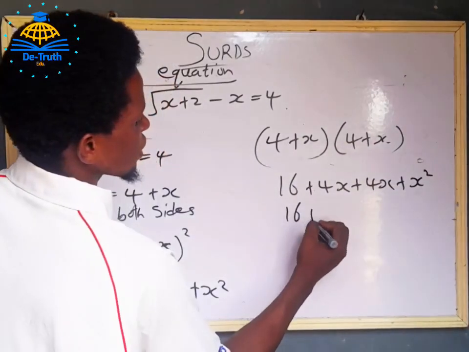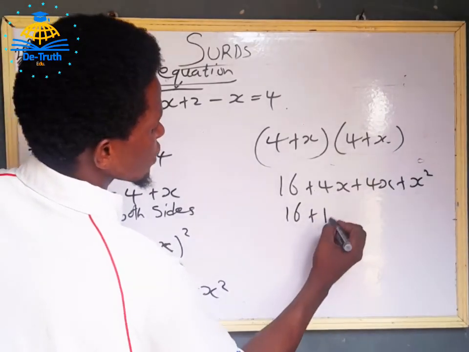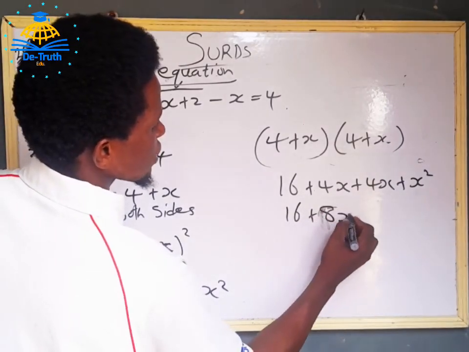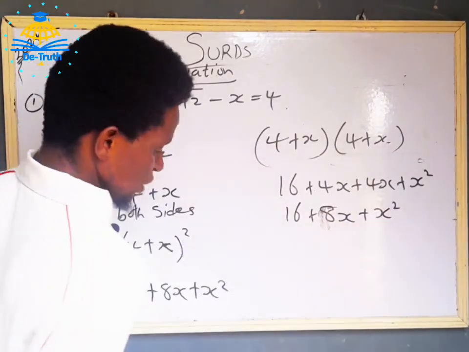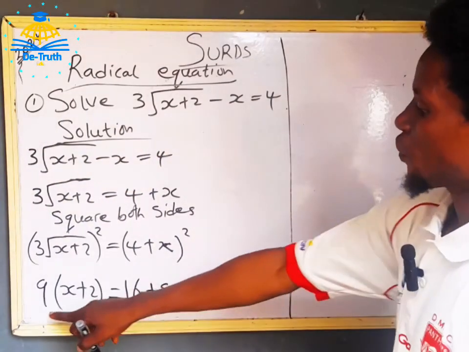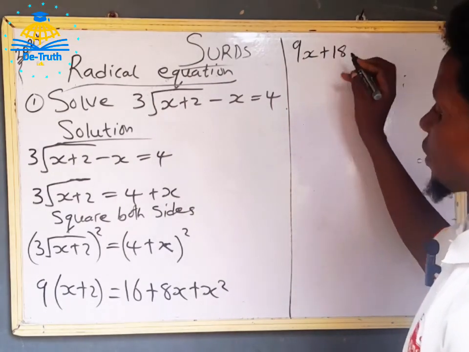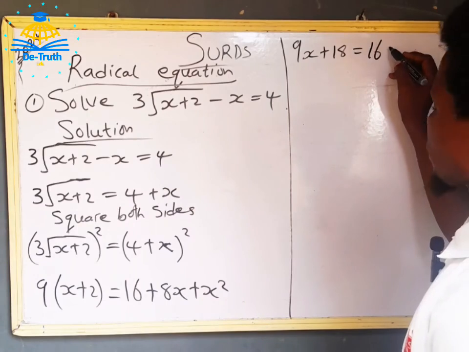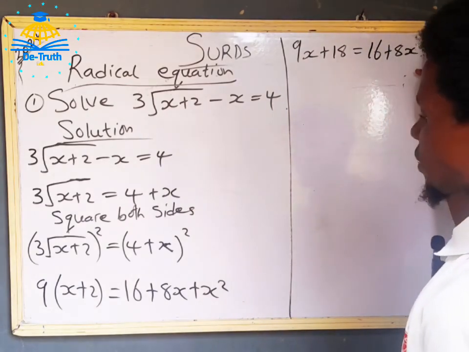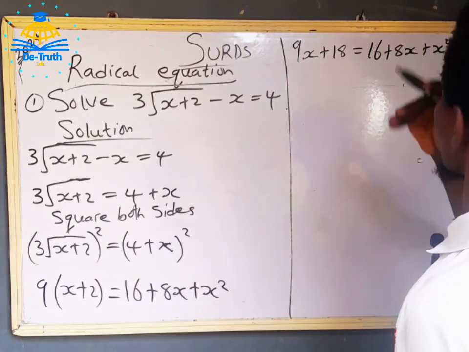So we have 16 plus 4x plus 4x, 8x plus x squared. That's what we have here. Let's open this bracket. We have 9x plus 18 equal to 16 plus 8x plus x squared.